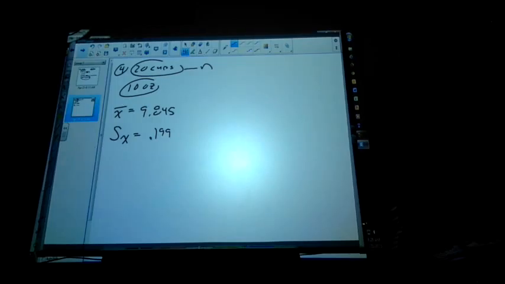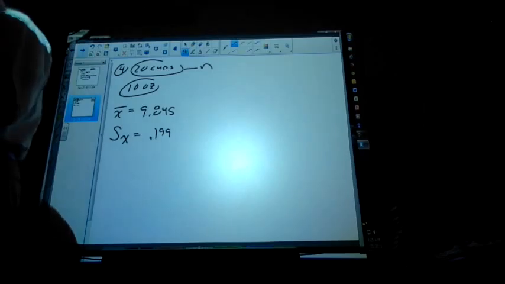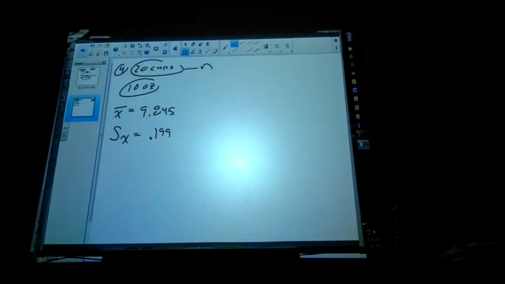Why not? I will tell you it's not normal. Why can I say it's not normal? So, and then what about the independent? What was the test for independence?